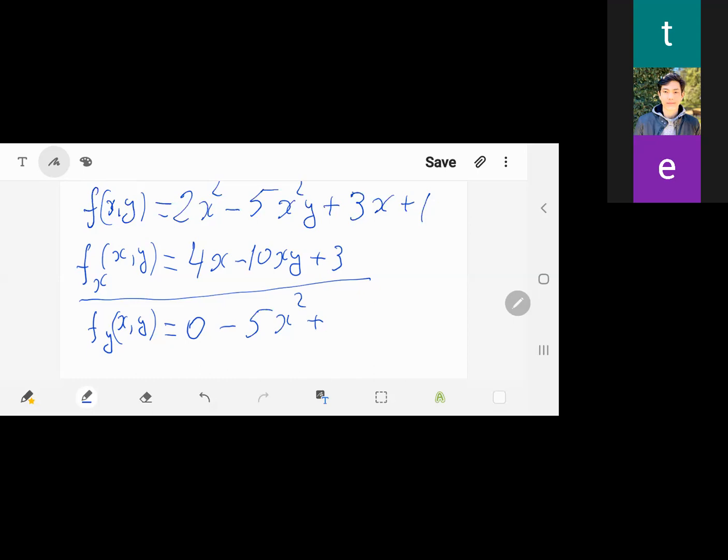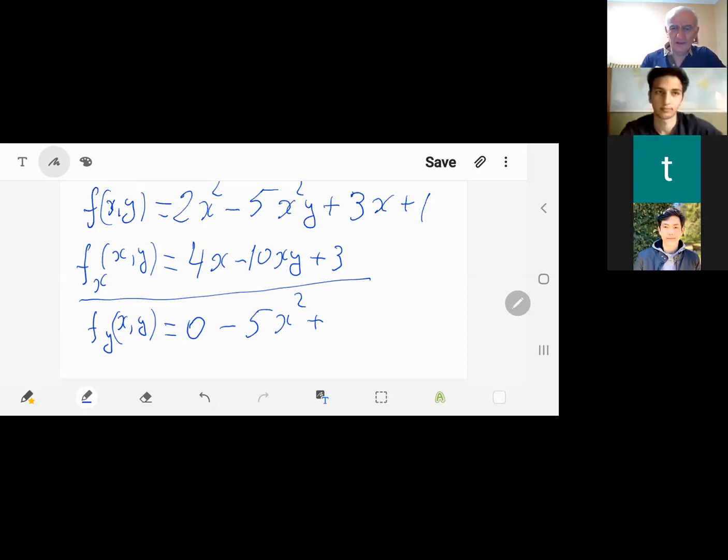Okay, no problem. When we need to find the derivative of 3x with respect to y, it means that 3x is constant. And we know very well what the derivative of a constant function is. It's just 0.